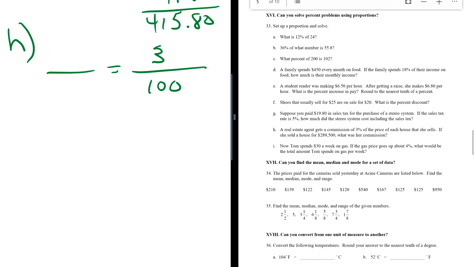Now this doesn't follow the word of, but $289,500 is the price of the house, and that would match the 100 side here, because we want to know what is 3% of that. All right, so I've got X here. So that's 100 times X is 100X. That equals 3 times this 289,500.